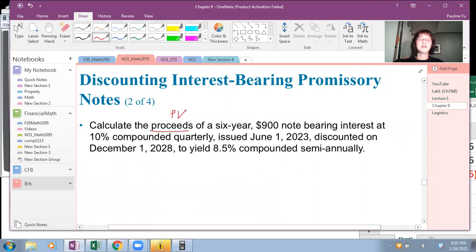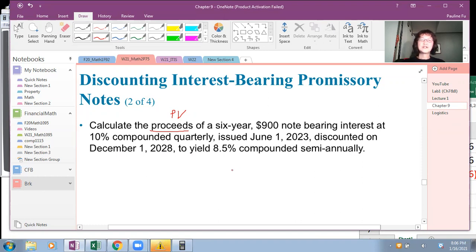Calculate the proceeds of a 6-year 900 note bearing interest at 10% compounded quarterly, issued June 1st, 2023, discounted on December 1st, 2028 to yield 8.5% compounded semi-annually.